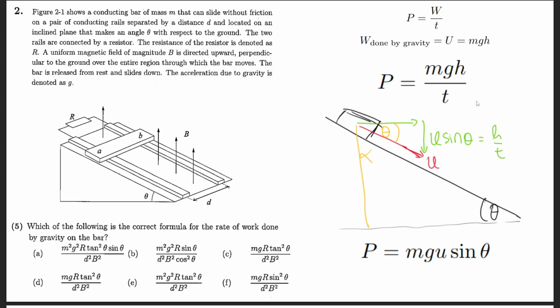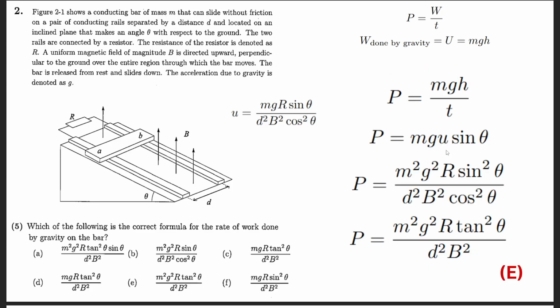So h over t is equal to this vertical component of u, that is u sine theta. So the P is equal to mgu sine theta. And from the problem before, we know that u is equal to this, and we can substitute it, and we get m squared g squared R sine squared theta over d squared B squared cosine squared theta.